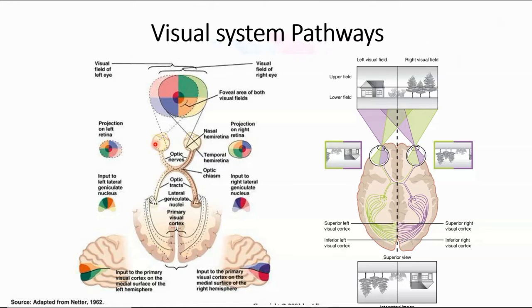Next, visual information forming on the retina passes through the optic nerves and crosses in the optic chiasm. At the optic chiasm, the visual information from the two nasal hemiretinas crosses, while that from the two temporal hemiretinas does not cross.